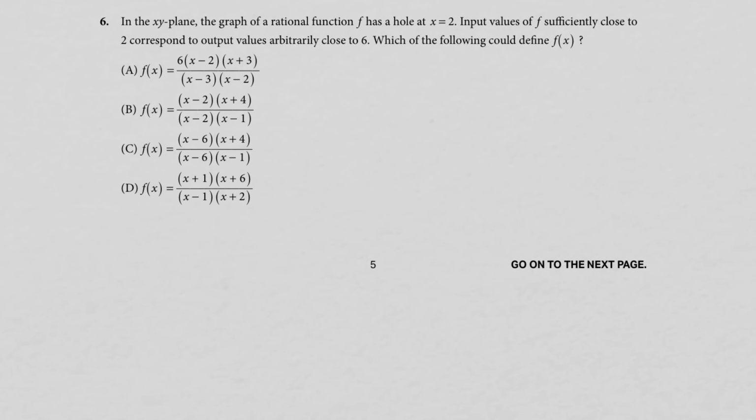Number 6. Rational function. When you have a hole, that's when the numerator and the denominator both become 0 when you plug 2 in. So we're looking for an x minus 2 in the numerator and the denominator, which happens for both of these, but not for these. But then there's input values of f sufficiently close to 2 correspond to values arbitrarily close to 6.